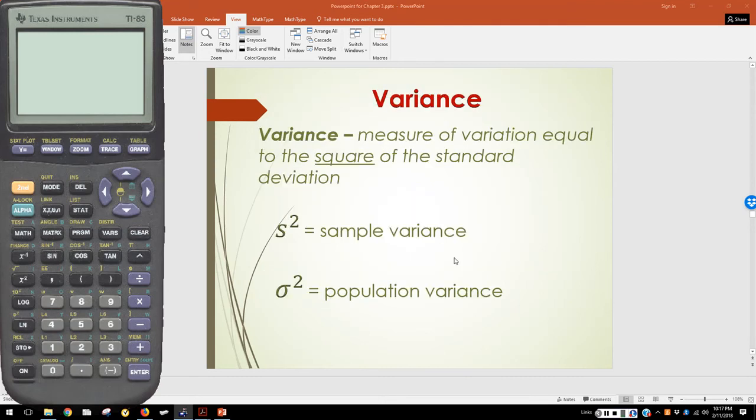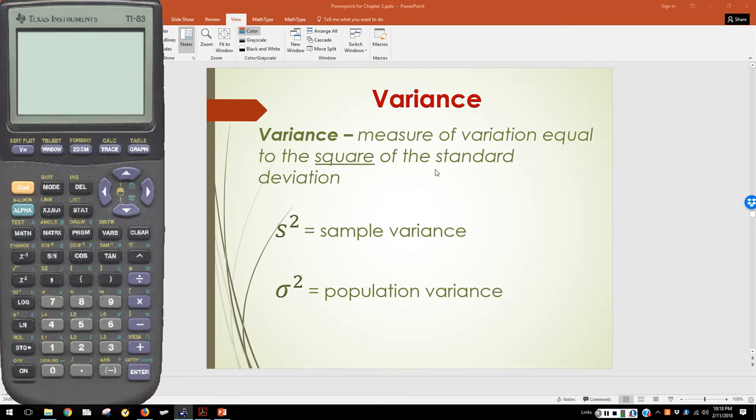Variance is not a very useful measure of variability because of the fact that it is actually the square of the sample standard deviation or the population standard deviation.